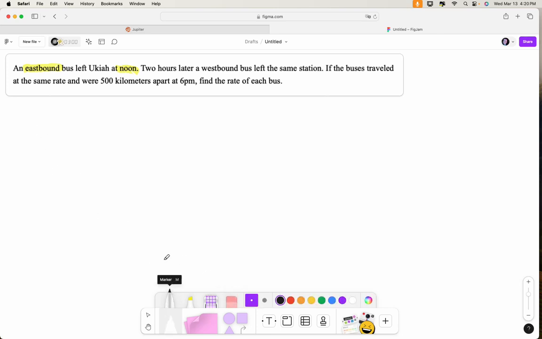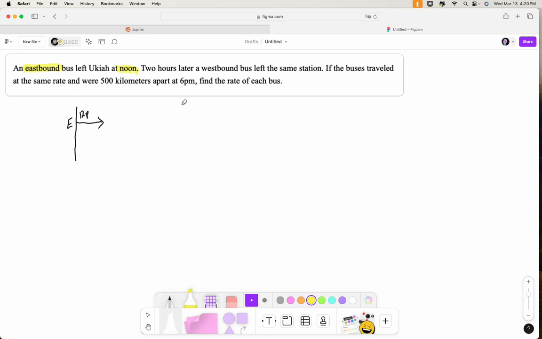I'm going to draw this more in the middle right here. This is noon, or the starting point. We have an eastbound bus, and east is going this way. This eastbound bus left at noon, so he left at 12 p.m. That's all the information we have for him right now.